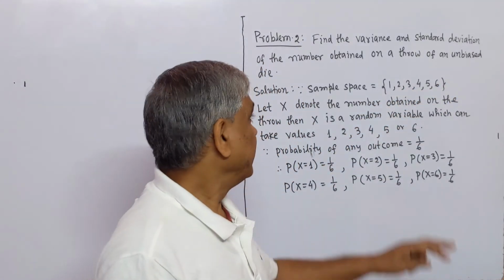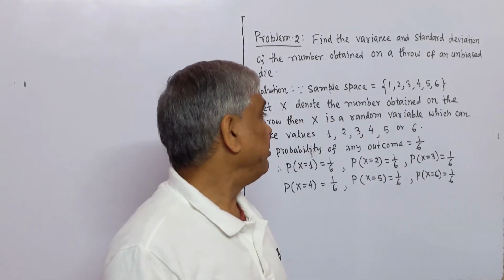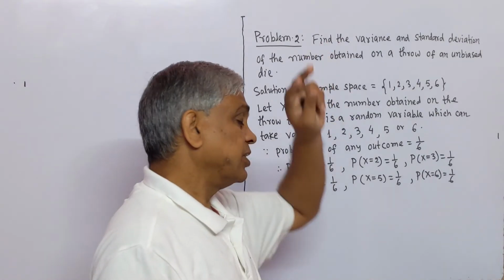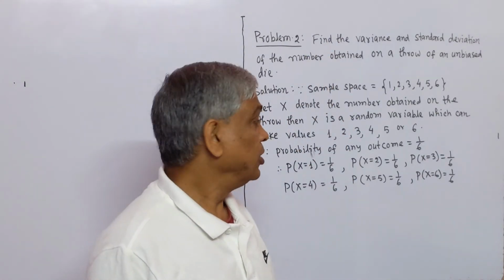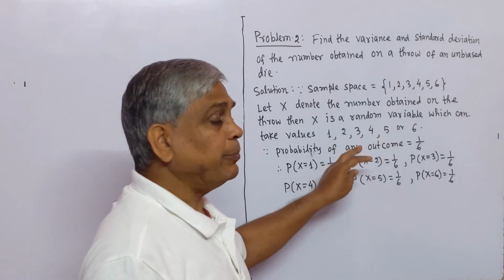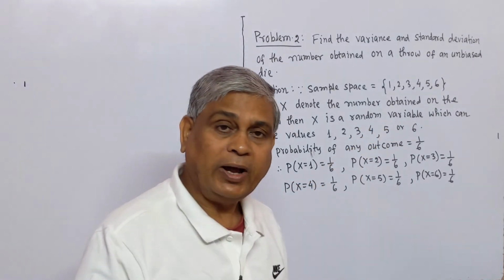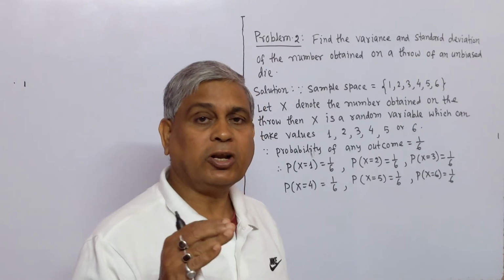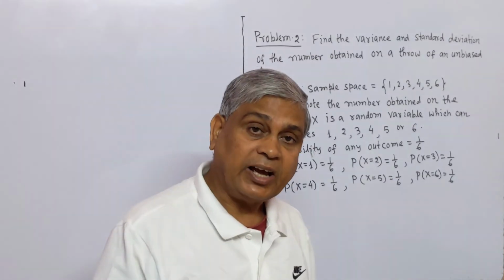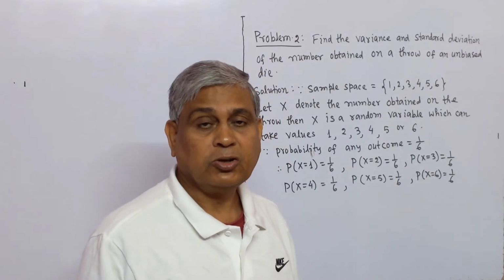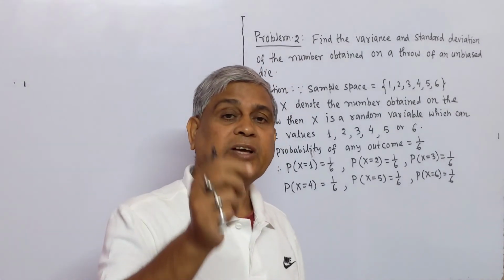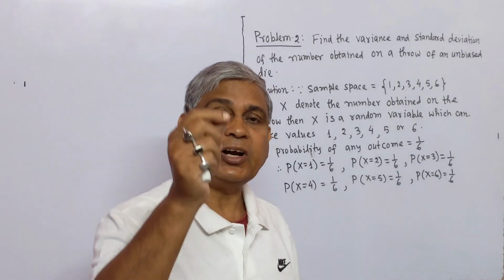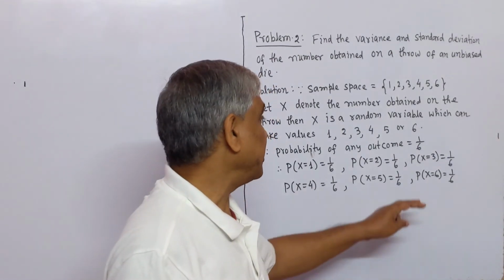Let capital X denote the number obtained on the throw. Then X is a random variable which can take values 1 to 6. Since the die is unbiased, outcomes are equally likely. Therefore, probability of each outcome will be 1 by 6.